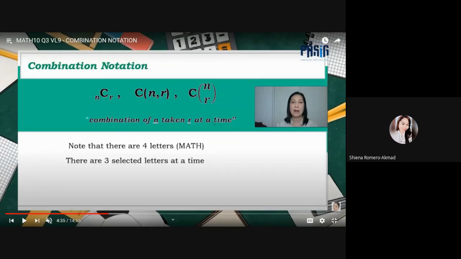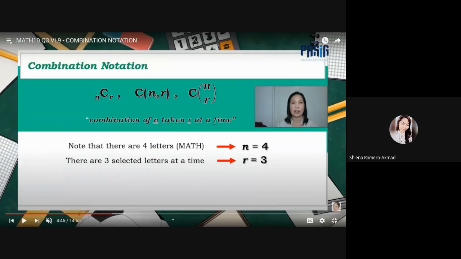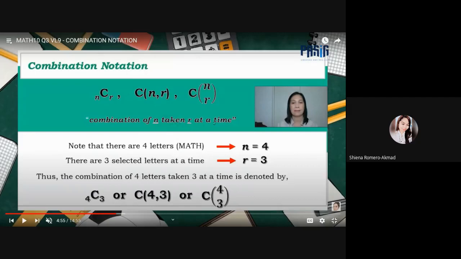Now, note that the 4 letters of the word MATH will be our N. And since we are going to select 3 letters only at a time, therefore our R is 3. Now, if you're going to write this in combination notation, the combination of 4 taken 3 at a time. So, magiging ganyan ang itsura. Combination of 4 taken 3 at a time. Okay?